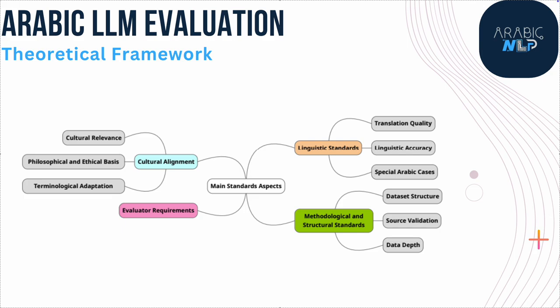And then we need to validate the data sources and ensure dataset depth and diversity. Then we need to set clear qualifications, right? For evaluators and guidelines. So they must be proficient in both the Arabic language and domain knowledge. So this is what we did.